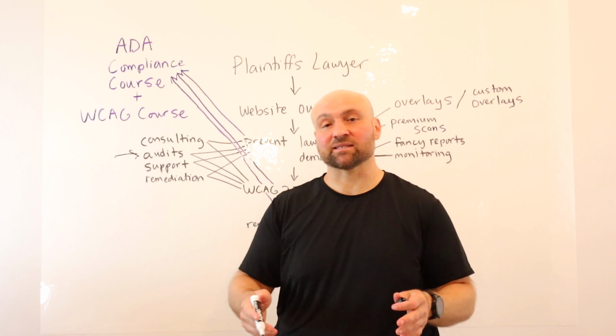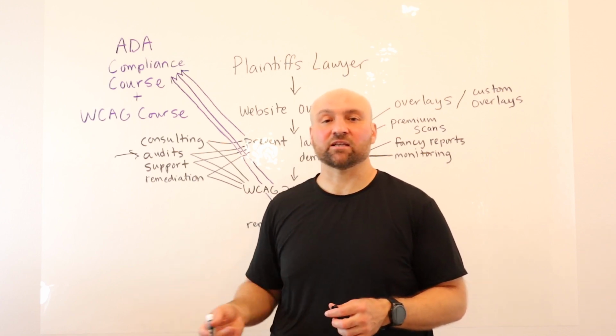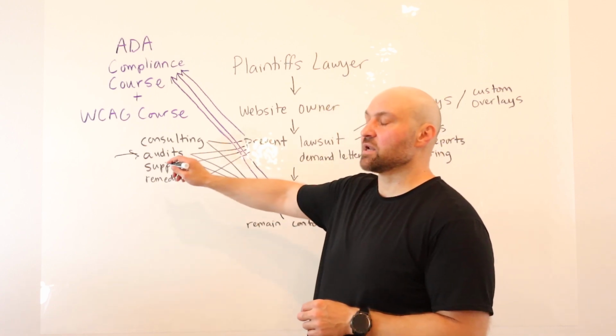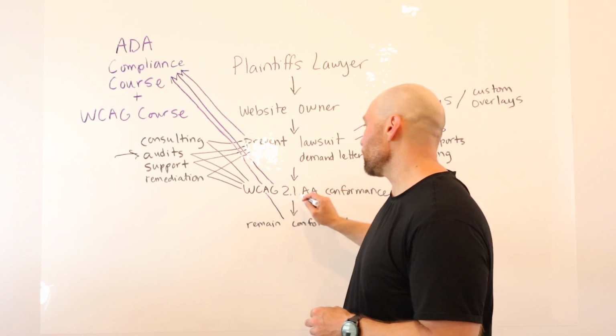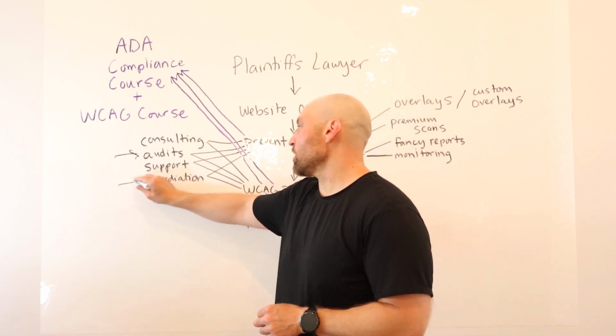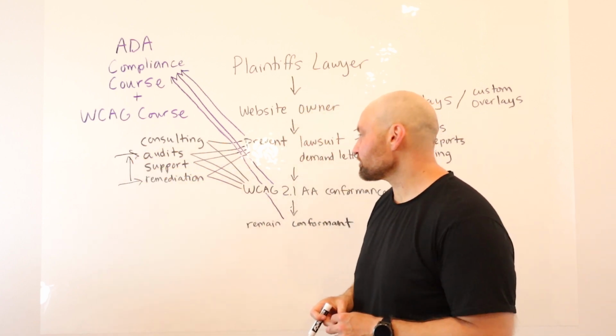So if the scope is, let's say, 10 URLs, the audit is going to span those 10 URLs and then tell you all of the accessibility issues that exist on that audit per WCAG 2.1 AA. And then with remediation, we're just fixing all of the issues that are found in the audit.